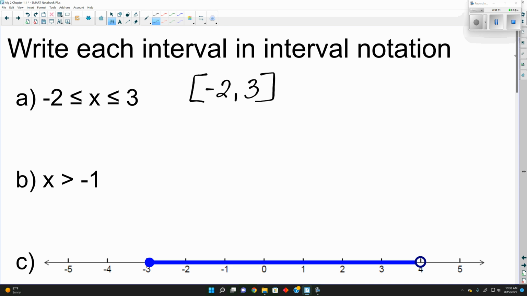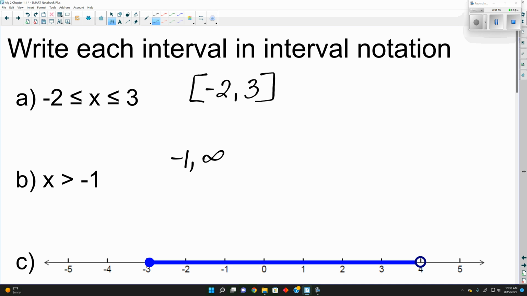Now, if we look at the second one, this is considered unbounded, unlike the first one. So we're saying what? X is greater than -1. So the smallest number we would have is -1, because x is bigger than it. We have all the numbers bigger than -1. Now, since it's not bounded, the biggest number that we could possibly approach is infinity.